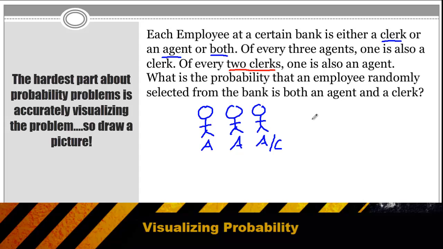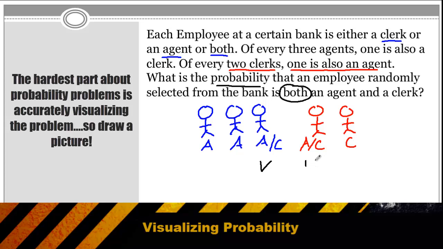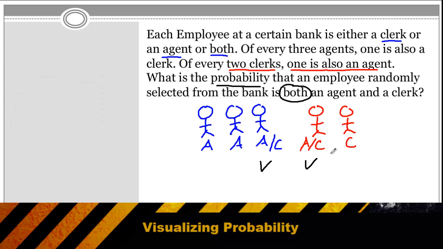And if I have 2 clerks, one of them is also an agent. So when the question asks what is the probability that the person you choose is both an agent and a clerk, it might seem obvious that you have 2 people who are both out of 5 total employees. So you may be tempted to answer 2 out of 5.